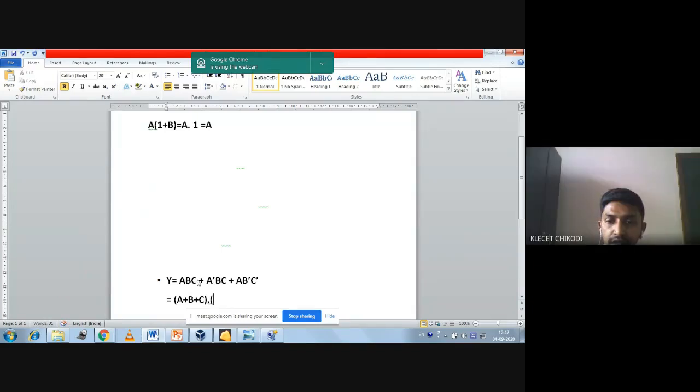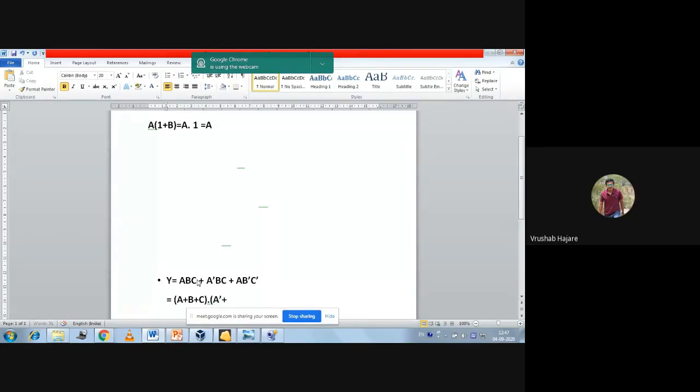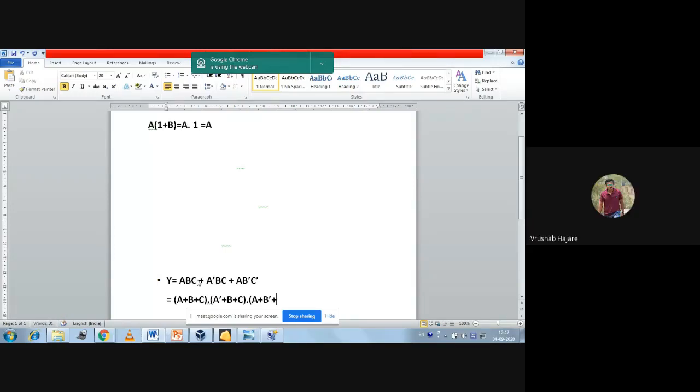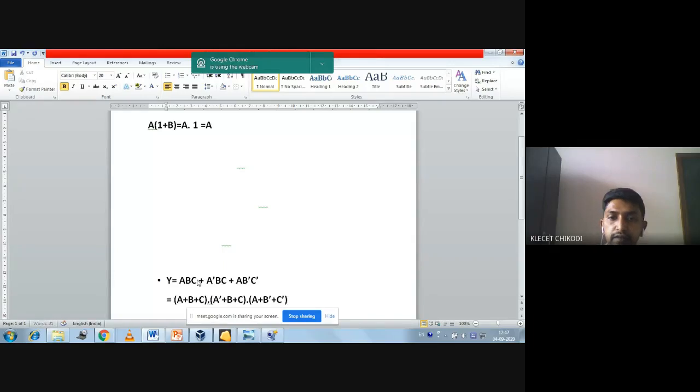Again, it will be A dash plus B plus C dash. Again, that plus becomes dot, and A plus B dash plus C dash. So if you apply the duality property to this, it will be like this.